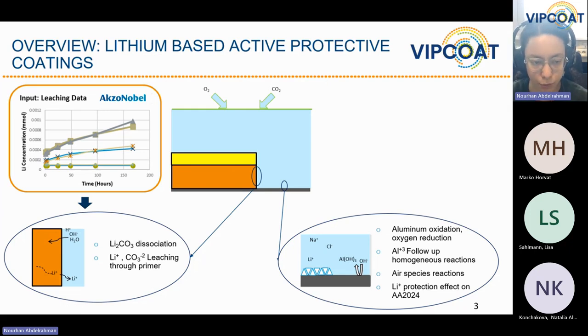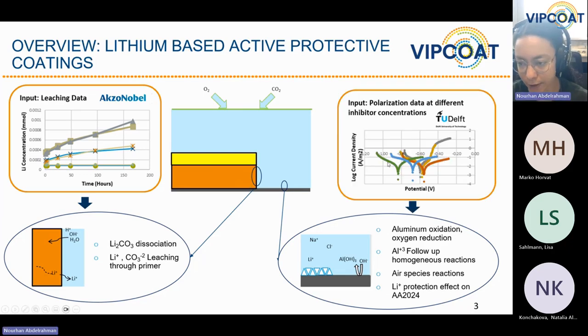By fitting this, we can obtain the parameters of what's going on in the primer. The second input is from our other partners, TU Delft, and it's dynamic polarization measurements at different concentrations of lithium carbonate. This is to provide the effect of inhibition at different concentrations of lithium ion.